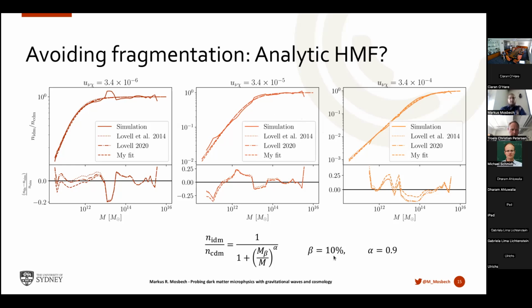This beta means we use the mass of a halo corresponding to the k value where the linear matter power spectrum is suppressed by 10%, and then alpha is fitted to 0.9. And as you can see, it fits well, and it fits as well as these fits by Lovell, which use a bunch more parameters than we do. So that's cool.